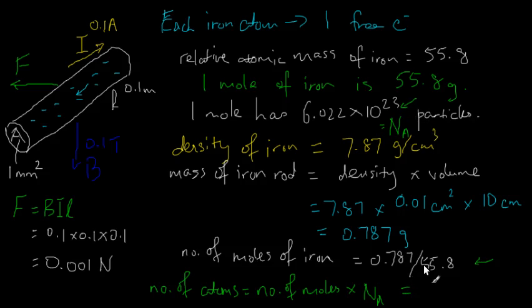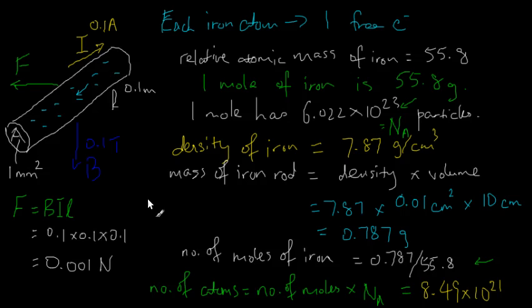Let's do that. This times this, if you calculate with your calculator, would give 8.49 times 10 to the power of 21. So a very huge number of free electrons in this small thin piece of iron rod.